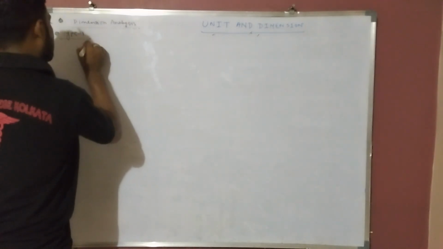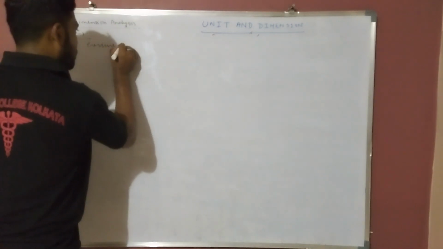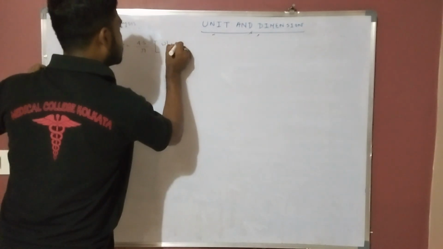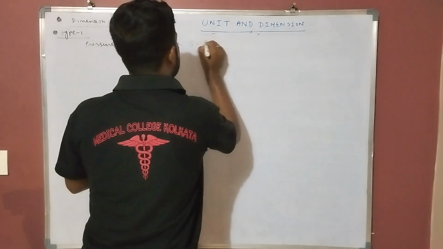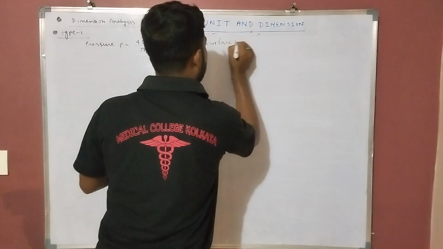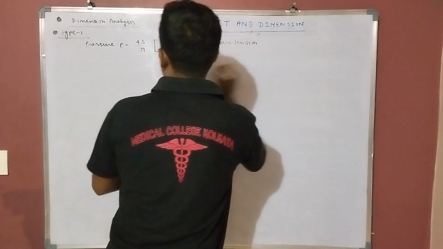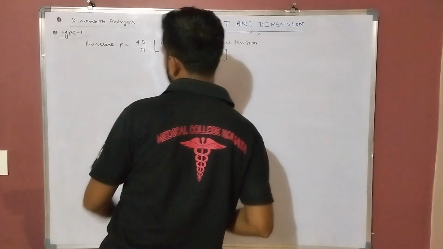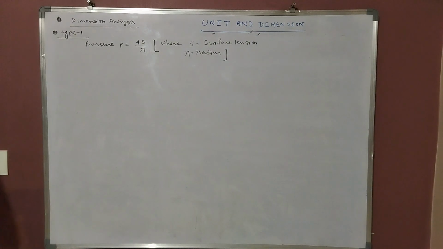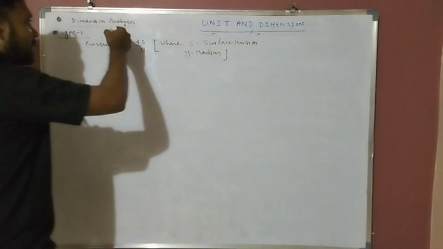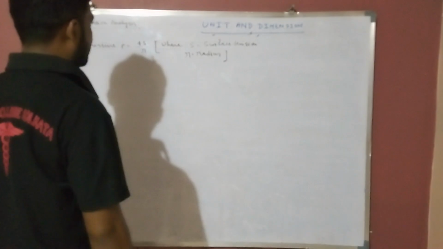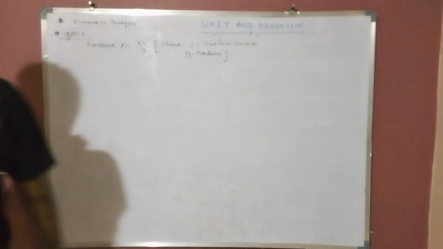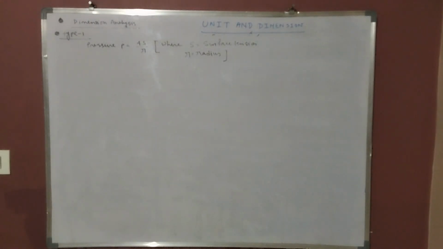Suppose pressure P is equal to 4S by R, where S is equal to surface tension and R is equal to radius of the bubble. So you have to check whether this mathematical expression is right or wrong by dimension analysis. Understood? You have to check whether this equation is right or wrong.